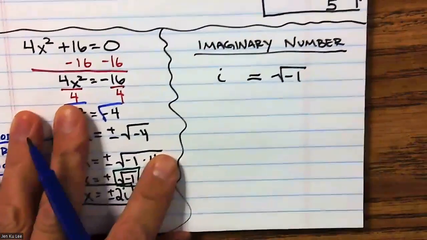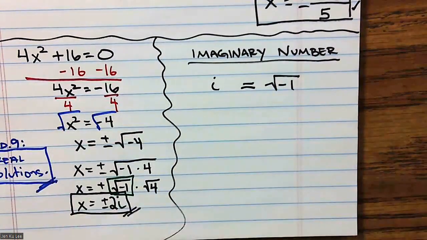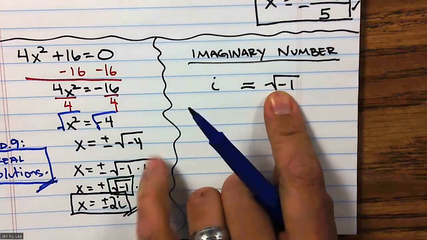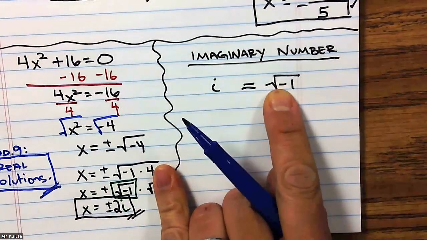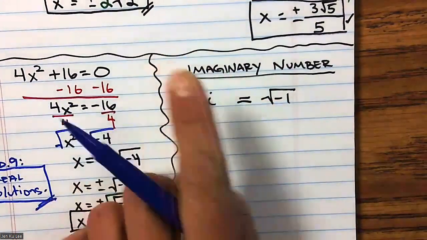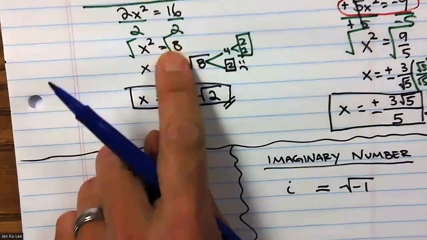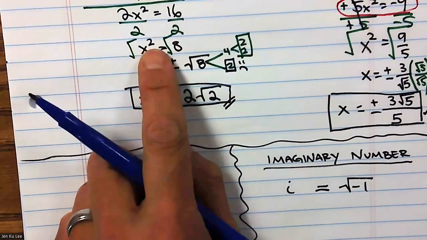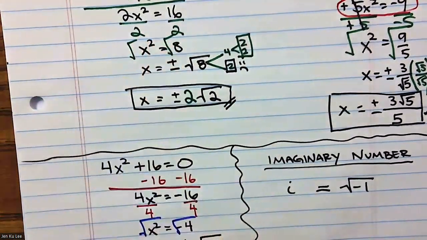Okay. Going back to this thing here. We said that the squared and the square root, when we're talking about inverse operations, are inverse operations, right? The squared and the square root, they cancel out, right?